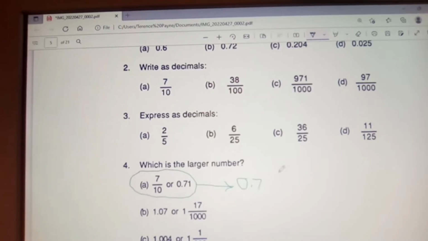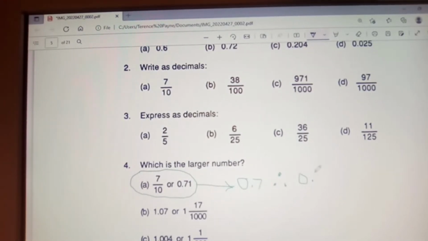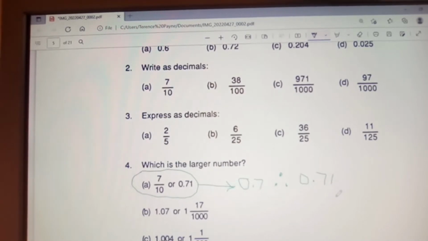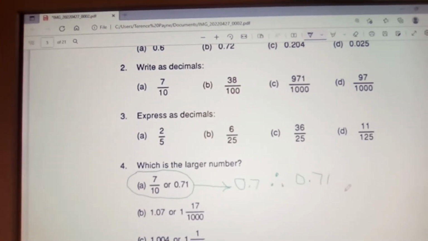Now please note these 3 dots that I'm putting here, these 3 dots mean therefore. 0.71 is larger. Let me put that in.